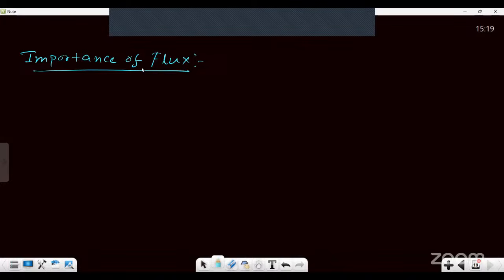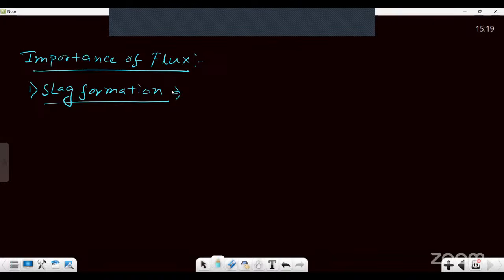See, flux is very important for slag formation. Now, why do I say that flux is important for slag formation? How is flux actually helping in the formation of the slag?